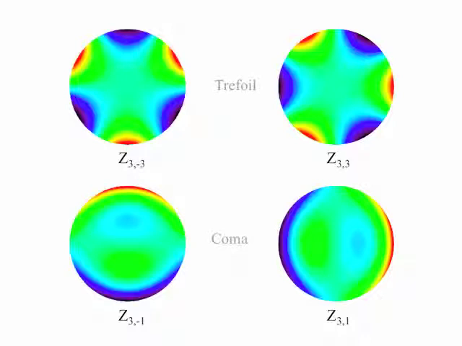So trefoil is like astigmatism, but with 3 lobes rather than 2. And coma is something that we see clinically, but again, it's not something that we're going to correct for with spectacles. These are fourth-order Zernike polynomials.